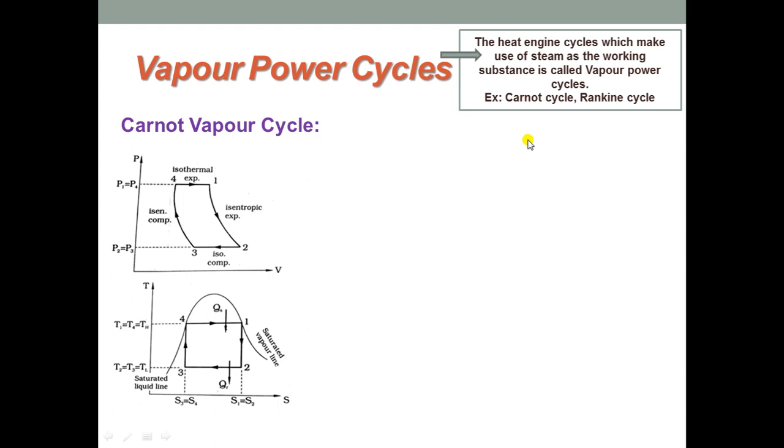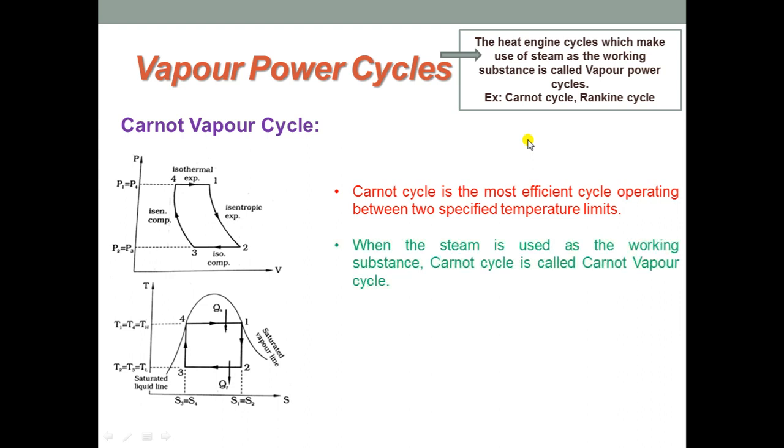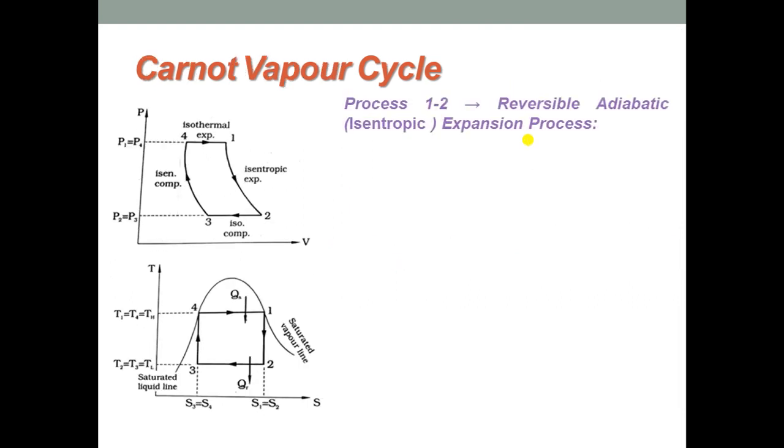The cycle consists of 4 processes as shown in the figure. We move further with the individual processes. The first process is 1 to 2, which is a reversible adiabatic expansion process.